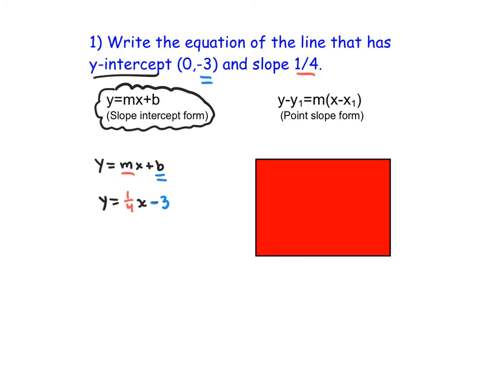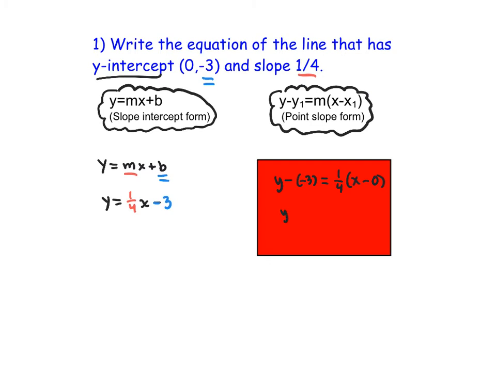That is the equation of that line. I could, if I wanted to, use point slope form, and that's totally fine. You can choose to do that as well. That would be y minus the y value, which would be a negative 3, equal to 1/4 times x minus the x value, which would be 0. In this case, I'll just show you, it would be y plus 3 equals 1/4 x, if I distributed 1/4 times the x and 1/4 times 0.